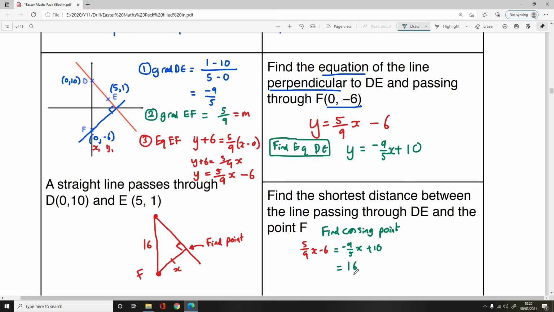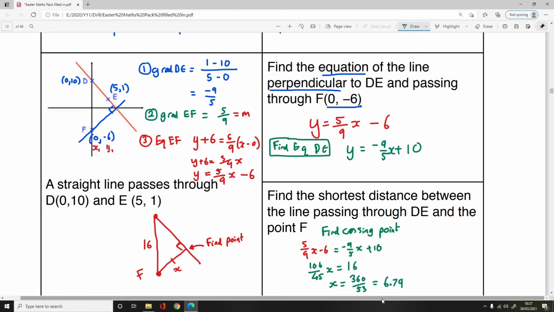And then I am going to use a calculator to do 5/9 add 9/5, because it doesn't sound like a nice one. And then divide by it, and that'll give me that x is equal to, oh god, absolutely horrendous, 360 over 53, or what would that be as a decimal, 6.79, maybe I want to use that. Okay, so we've got that.